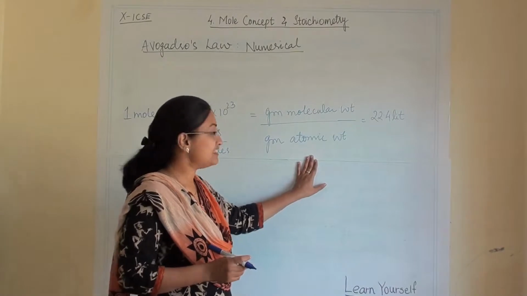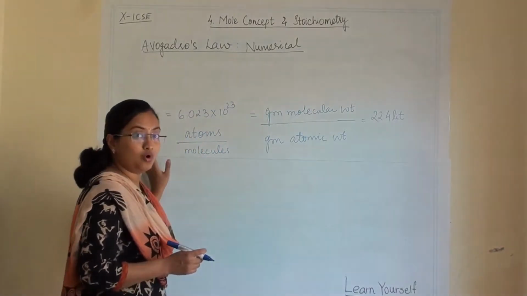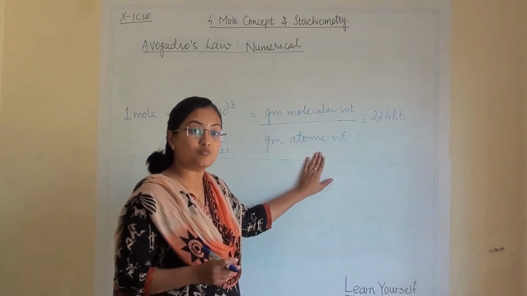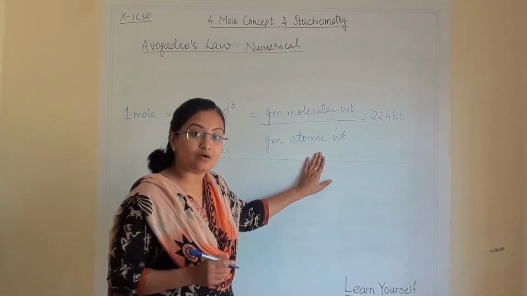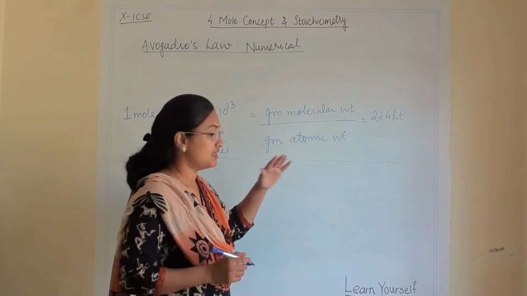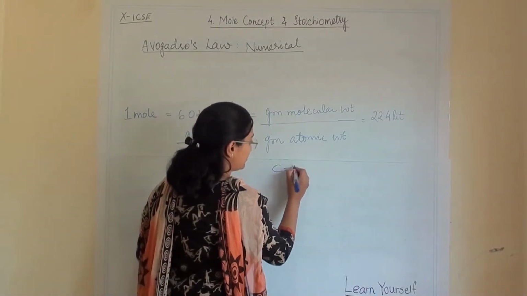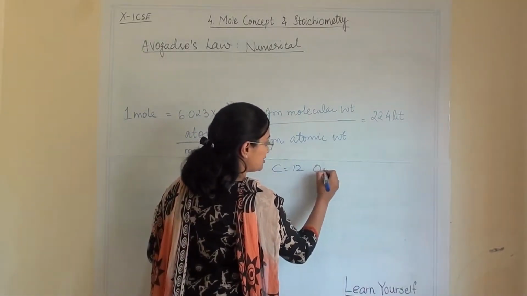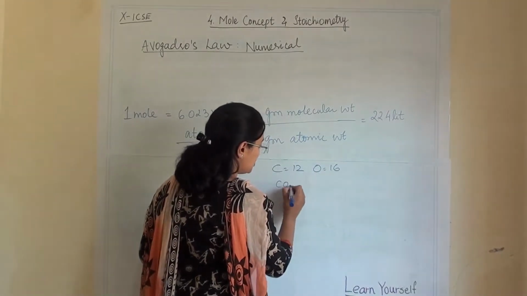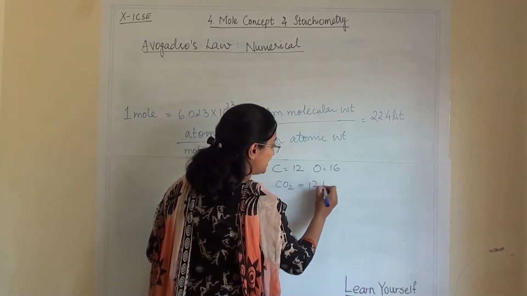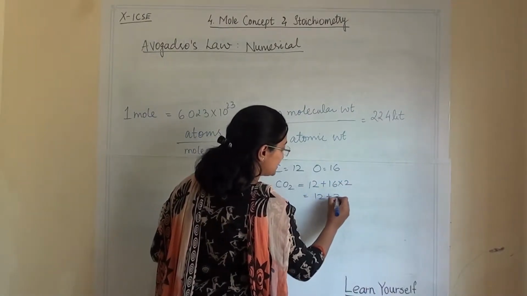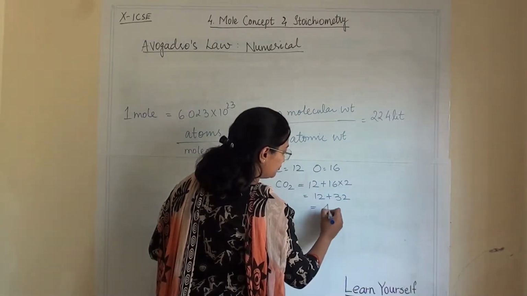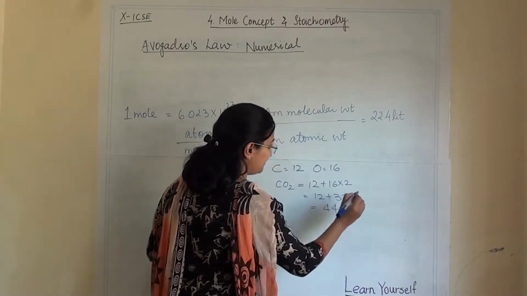Again, if I say that 1 mole of carbon weighs how much? 12 gram. 1 mole of carbon dioxide weighs how much? Carbon equals 12, oxygen equals 16. So CO2 will have 12 plus 16 into 2, equals 12 plus 32, which gives you 44 gram.